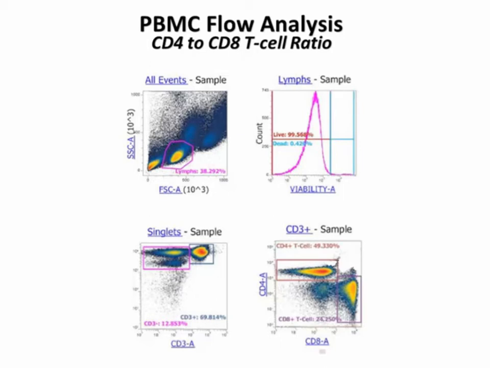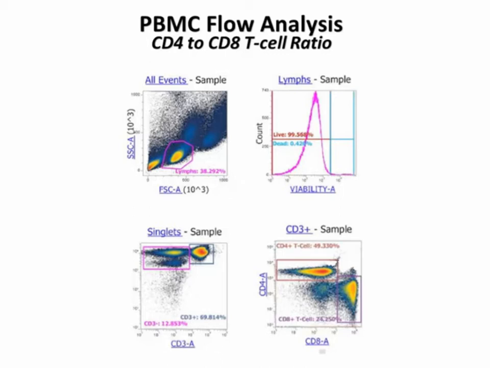Now, we've drawn a gate around what is classically the area where lymphocytes are found, and these are small 8 to 10 micron cells that are not that dense. Above the diagonal are probably monocytes. Now, from this forward and side scatter gate, we can look at our lymphocytes in a sample by looking for CD3 positive lymphocytes and CD3 negative cells, primarily B lymphocytes or NK cells, and a little bit of monocytes.